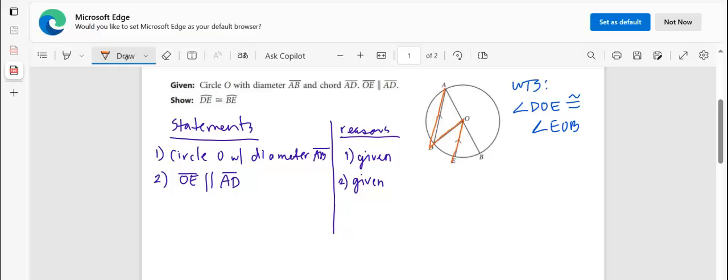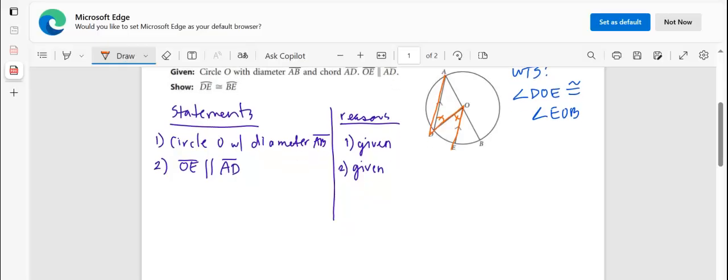I'm going to try to find that Z. So I have angle ADO and angle DOE. So my third step is angle ADO is congruent to angle DOE. And why is that? That's the alternate interior angle conjecture, or you could say parallel line conjecture.